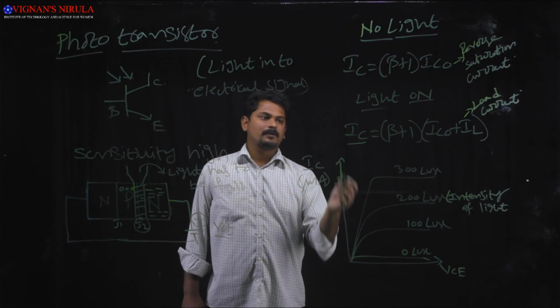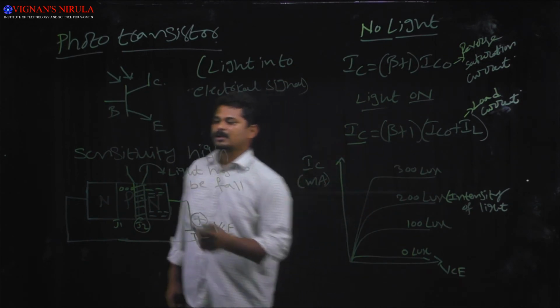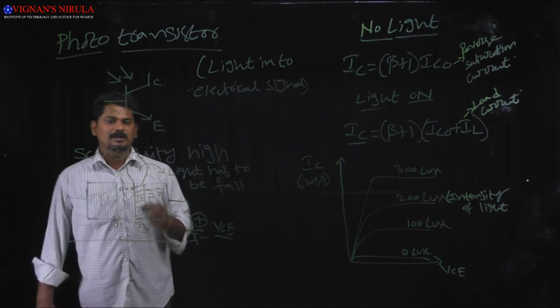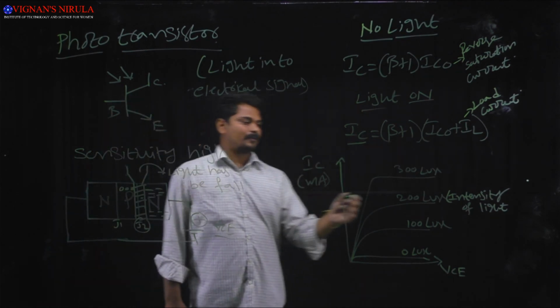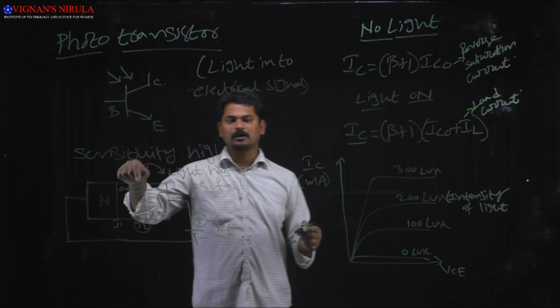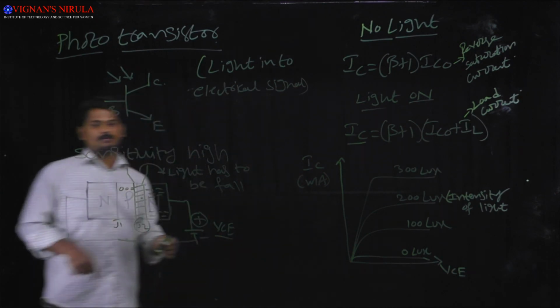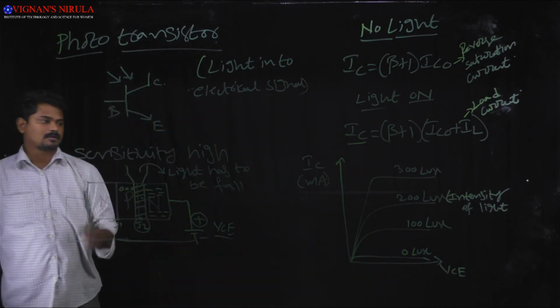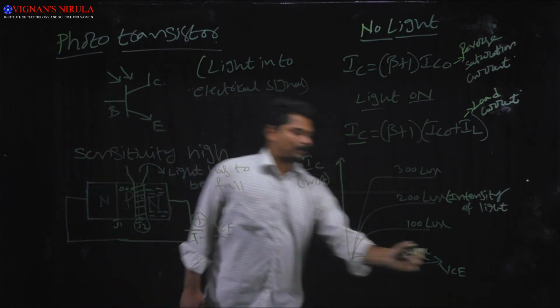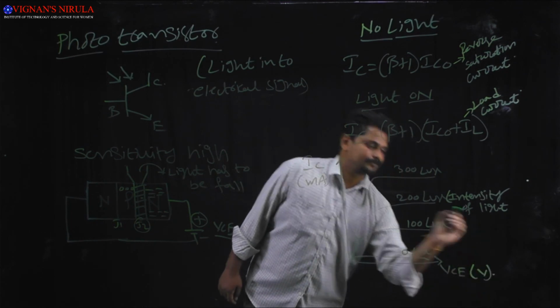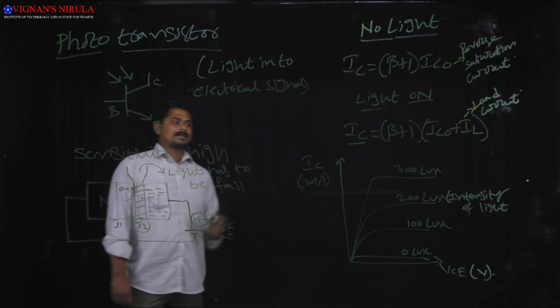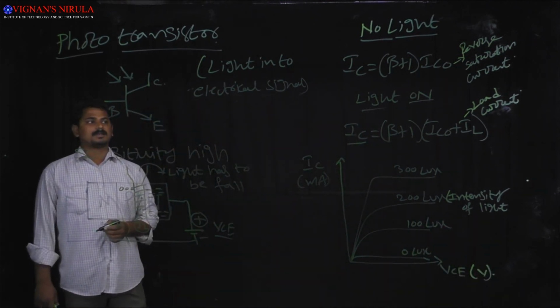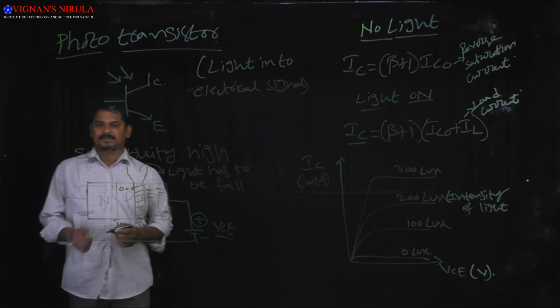The amount of collector current produced by your phototransistor depends upon the amount of light intensity which falls on junction J2, not on the applied voltage. So this is the characteristics of your phototransistor, and these are all the current equations. Thank you.